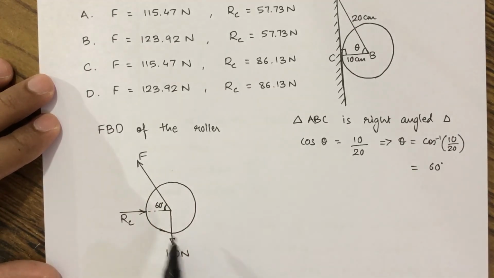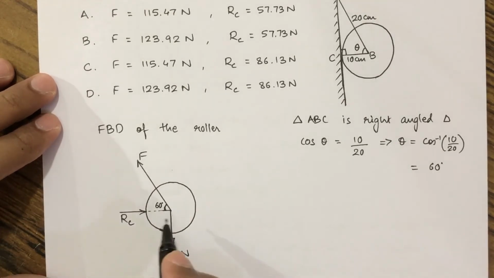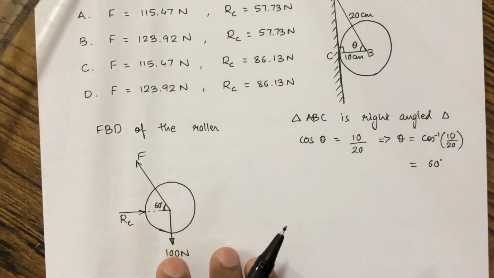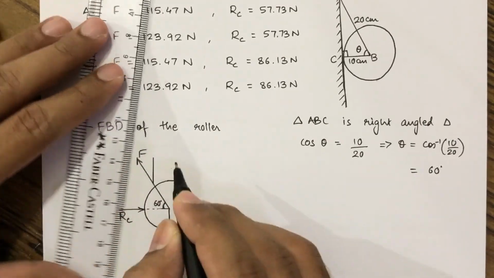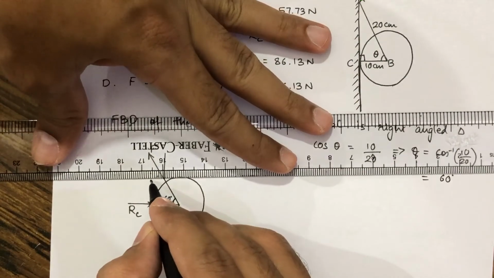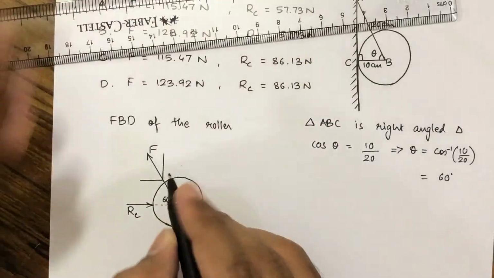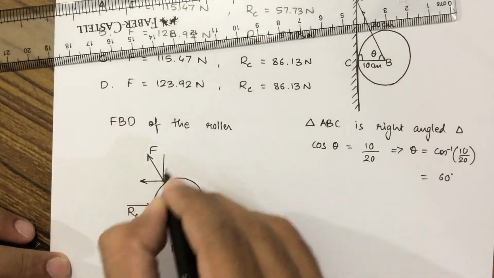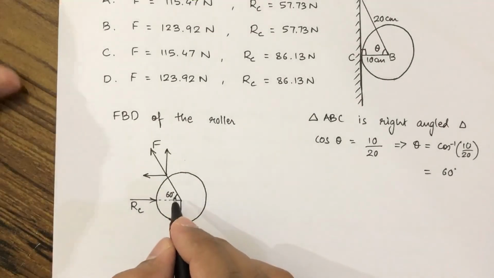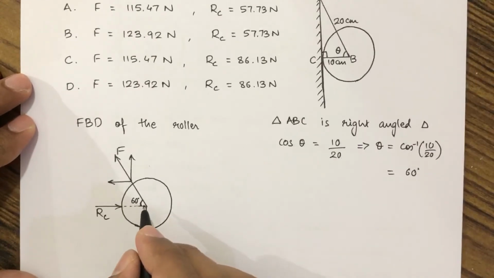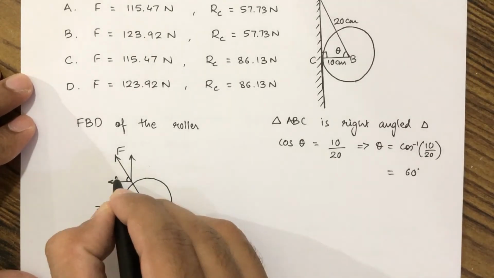Now in order to find out this force F and this reaction RC, we will have to resolve this force F. As this force F is inclined, we will have to resolve it in 2 directions. One direction will be horizontal and the other direction will be vertical. Now as this angle is 60 degree, obviously this angle should also be 60 degree.